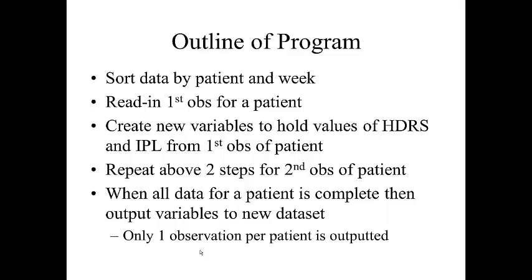We will not output this observation yet, but go back and read in the second observation from that patient and create new variables for that observation with different names than for the first observation. And we will continue to do this until all the data for a particular patient is read in. Only then will we output the observation to a new data set. We will continue this process for all of the patients.